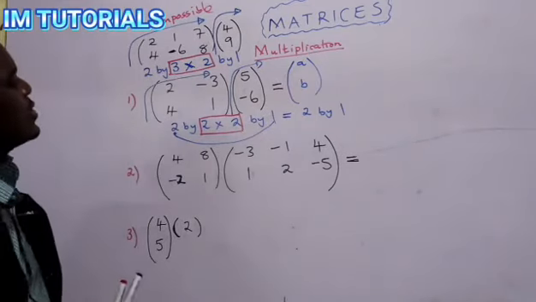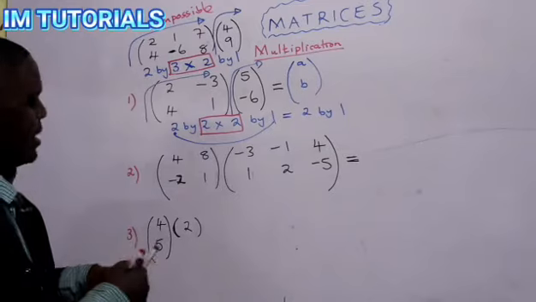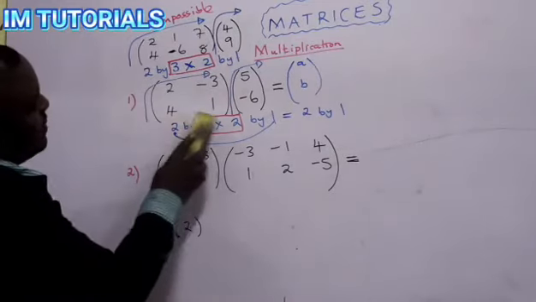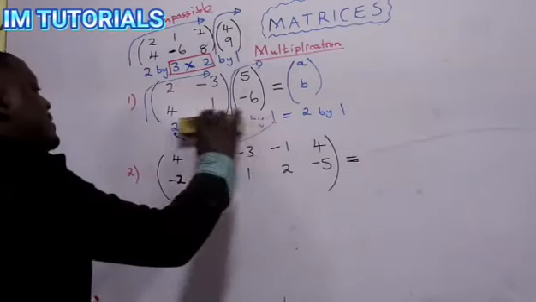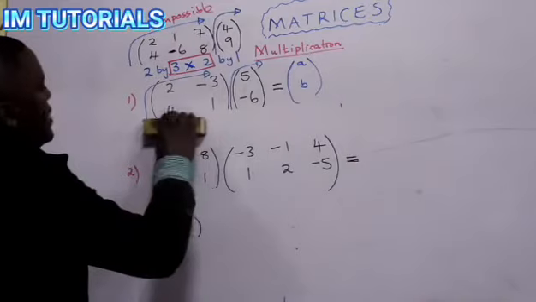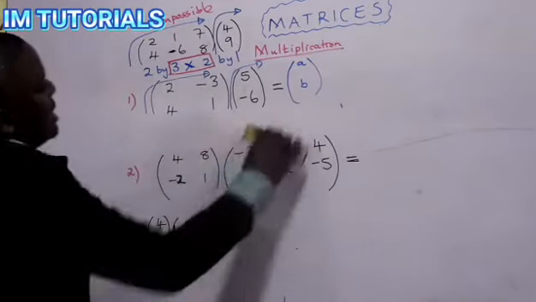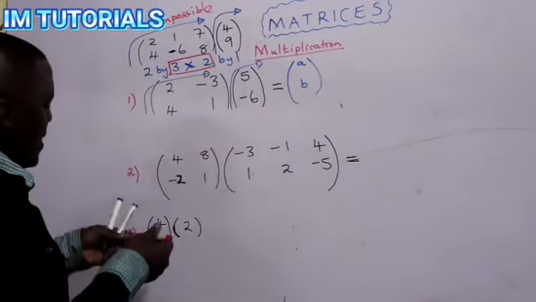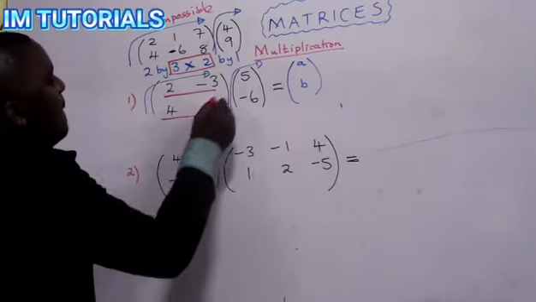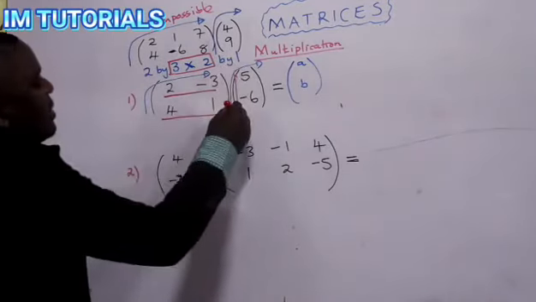So to calculate A and B, when multiplying matrices, let me rub here so that I can have enough space. So when multiplying matrices, you make use of what you call row by column.